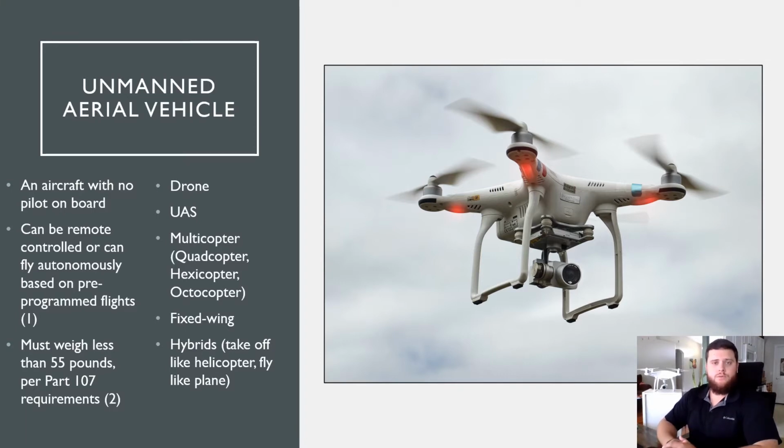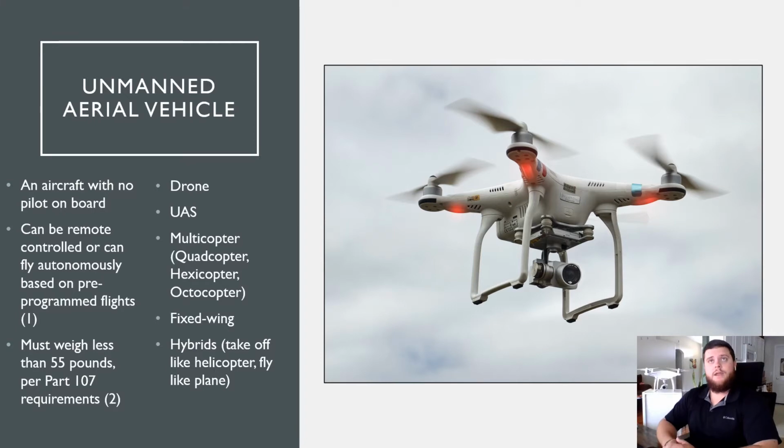Some other names for UAVs: drone, obviously, UAS, unmanned aerial systems, multicopter. So this drone on this slide is considered a multicopter. It is considered a quadcopter. It has 4 props. There are hexacopters, octocopters. We also have fixed-wing drones.